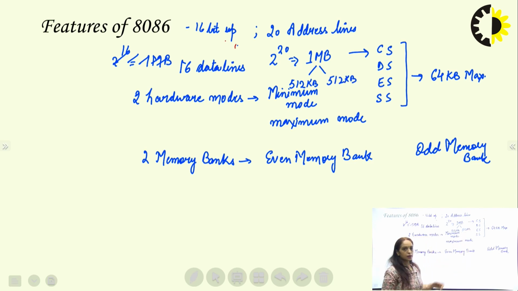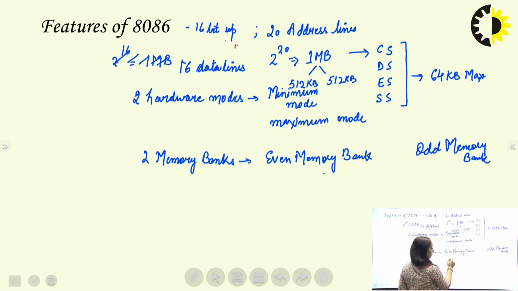It is classified into two memory banks because we know that in the 8086 we have 2 bytes to be accessed, and in the locations we have 1 byte stored. So in one machine cycle 2 bytes will be accessed simultaneously. These bytes should be accessed in a consecutive way, so one byte should be taken from the even bank and the other byte should be taken from the odd bank.